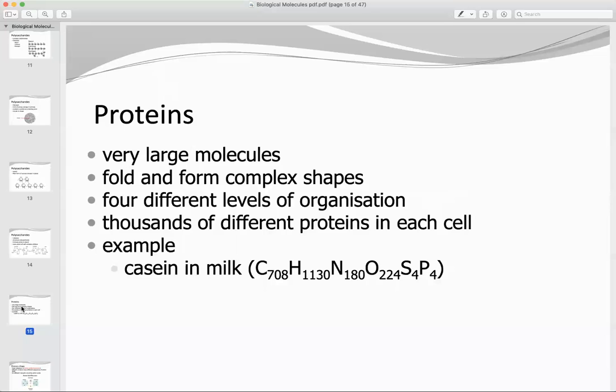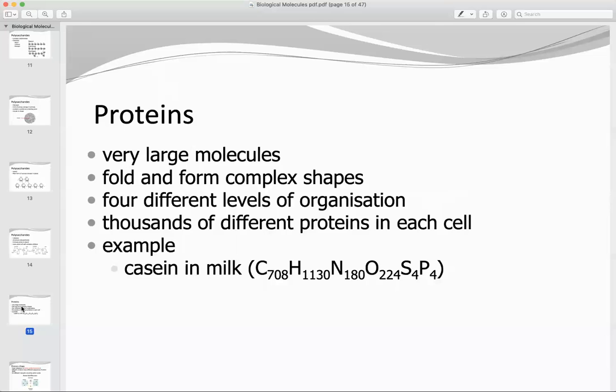However, the protein expression profile, which proteins are being expressed at any given time, is going to then dictate the actual specialized function of the cell. So there are thousands of different proteins in each of the different cell types, right? One example of a protein here is casein that's found in milk.